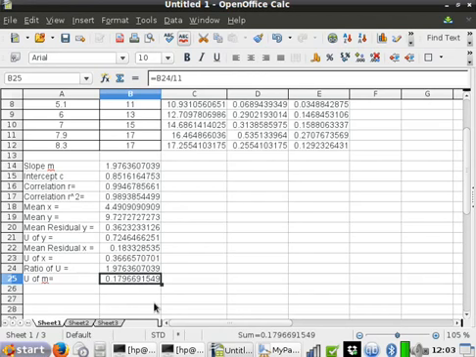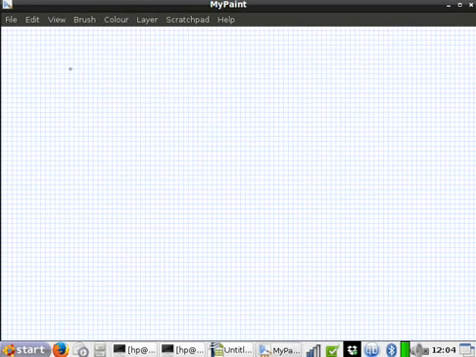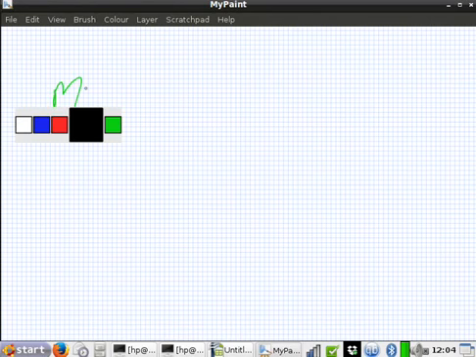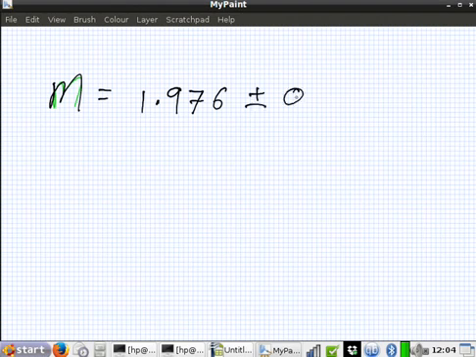Have you got that uncertainty for m? Yep. And do you have the value of m here? Okay, so far this is our result. What does m equal, please? 1.97, plus or minus the uncertainty for m. 0.18.